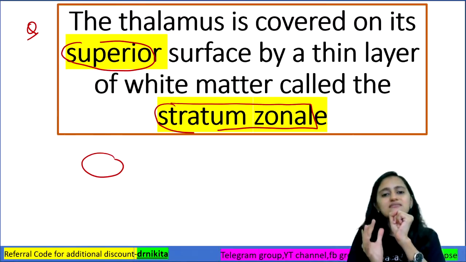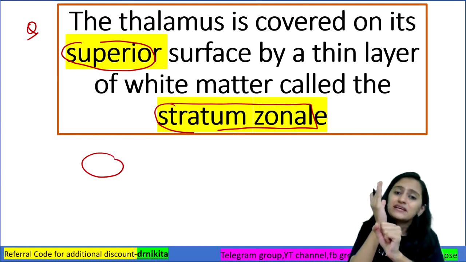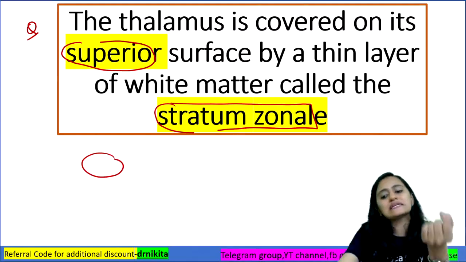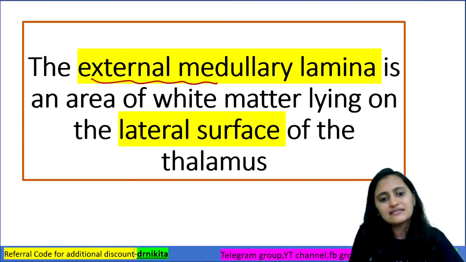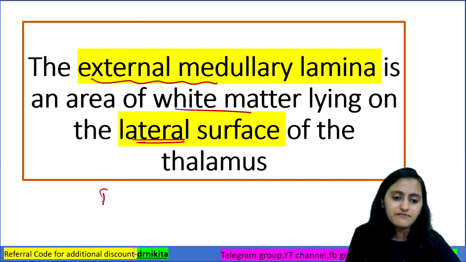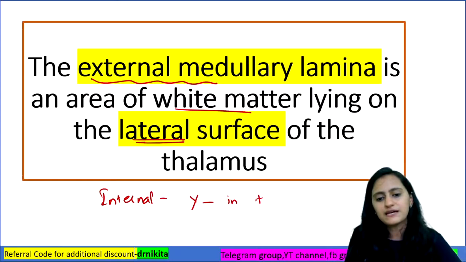Lateral to it is the thin layer of white matter which is the external medullary lamina, and inside the thalamus is your internal medullary lamina. So the external medullary lamina is present on the lateral surface. It is the white matter on the lateral surface. The internal medullary lamina is your Y shape which is present in the thalamus, right?